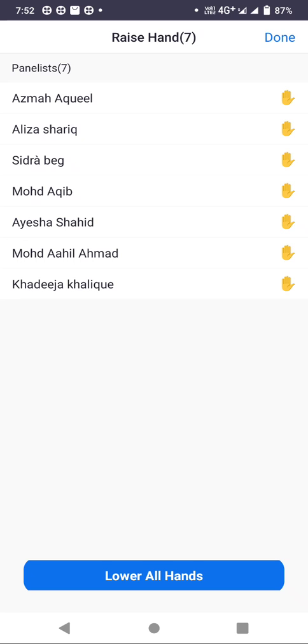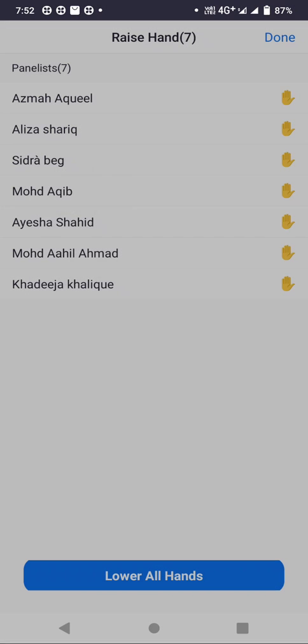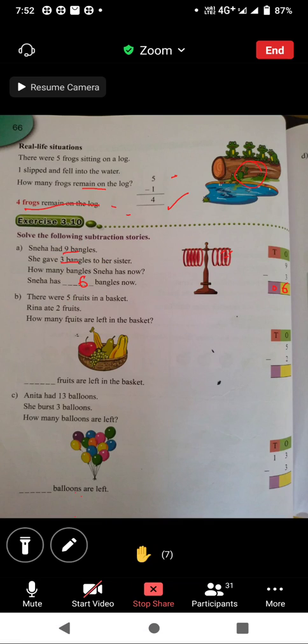So out of 5, how many fruits did Reena eat? 2. Okay, so how many fruits are left in the basket? 3. Yes, to find out left one, what do you have to do? 3 fruits. 3 fruits are left.